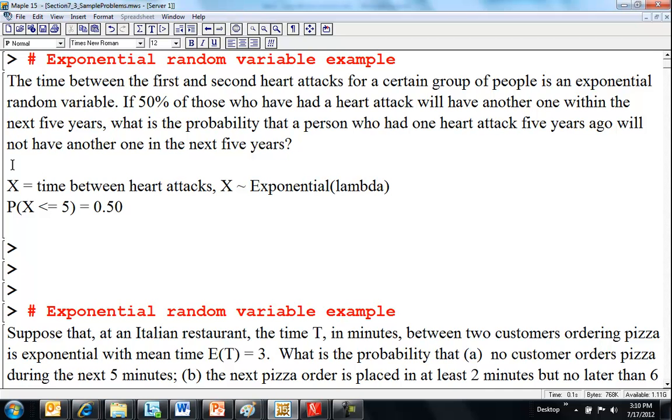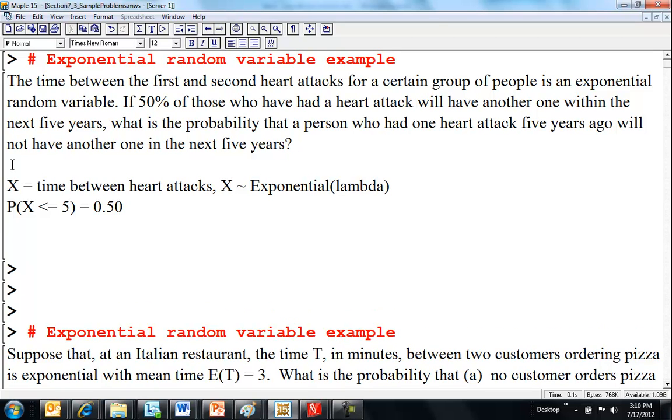What's the probability that the person who had one heart attack 5 years ago will not have another one in the next 5 years? So no matter what time we start at, when you look at an exponential, it's as if you're starting brand new. If we just look at this person brand new right now, they had one heart attack.